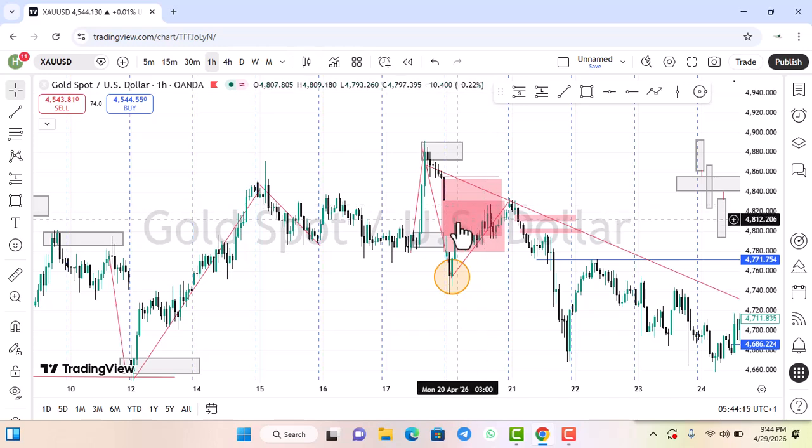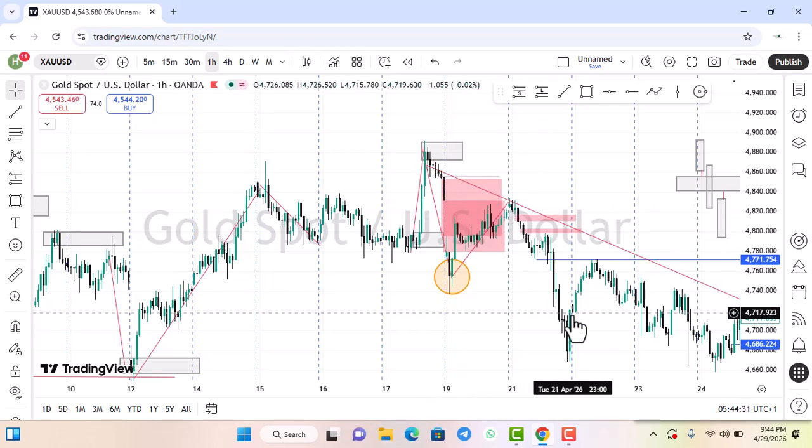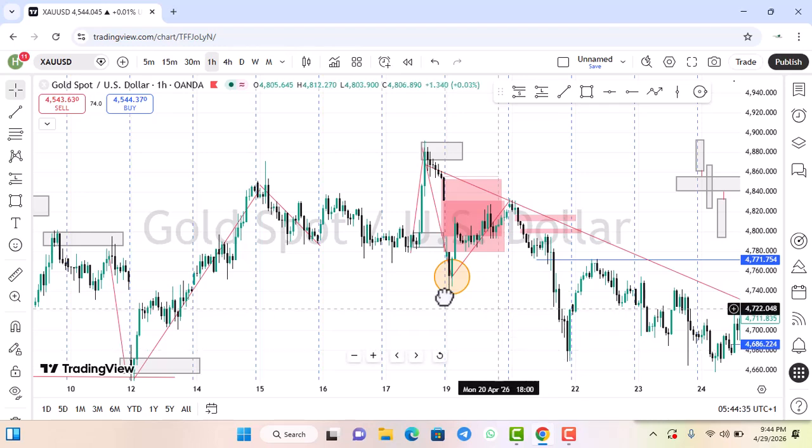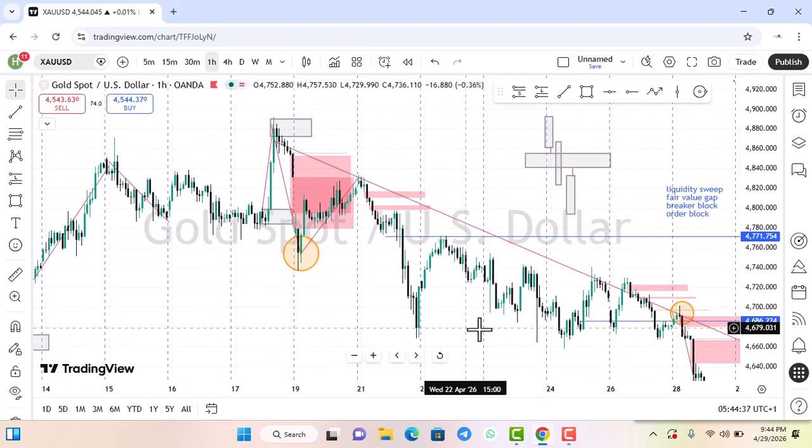To sweep that liquidity, because when price gets to this point here, there are traders who execute sell from here. When price gets to this point here, there are traders who execute sell from that point. But later on, price pulls back to sweep them out before the actual sell movement started. Right. So that is what we call liquidity sweep.